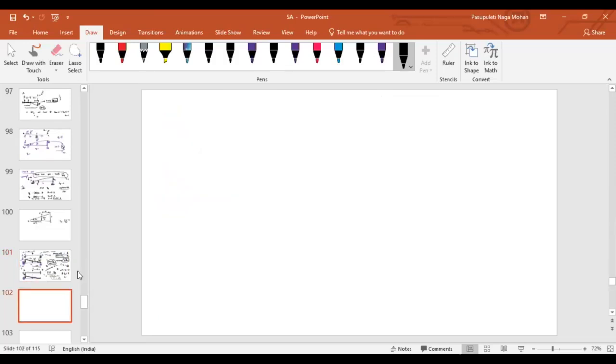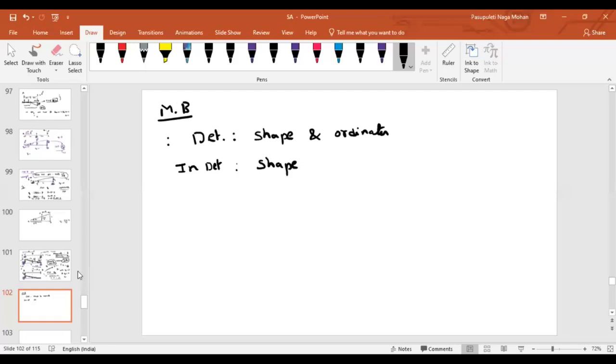So this is where the logic is. If you are talking about the Muller-Breslau principle, or the deflected shape concept, for determinate structures you will identify the deflected shape and you will get the ordinates also. But for the indeterminate case, you can visualize the deflected shape, but ordinates no. So you can get some questions like this in the exam.